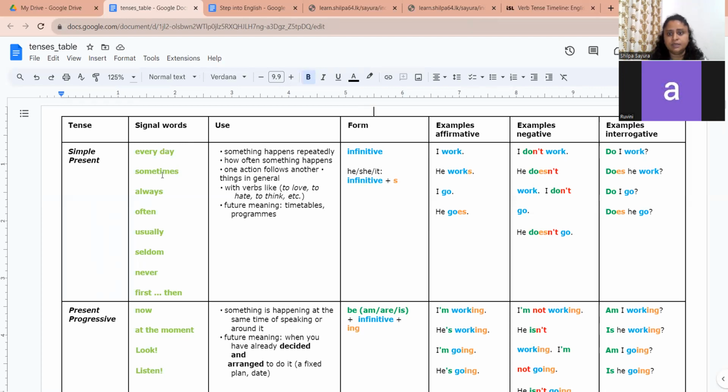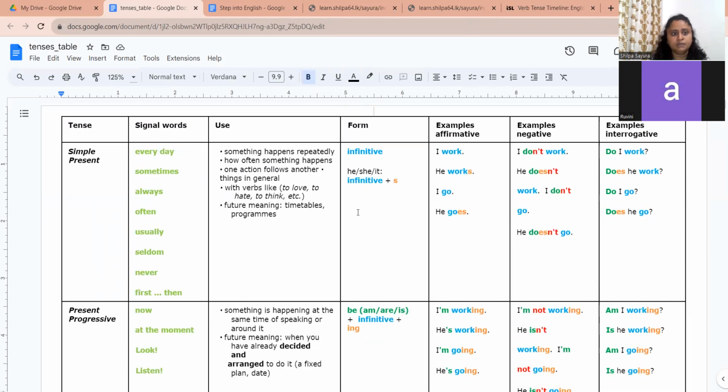The signal words are in light green colors, and the helping verbs are in dark green color, and the negation is in red color. And in simple present tense, with the third person singular, he, S is added. We learned about this: he works. And the question form, you take the helping verb to the front: do I work.